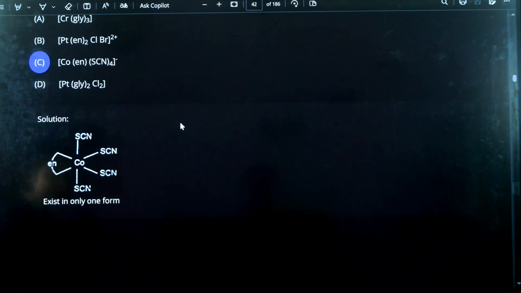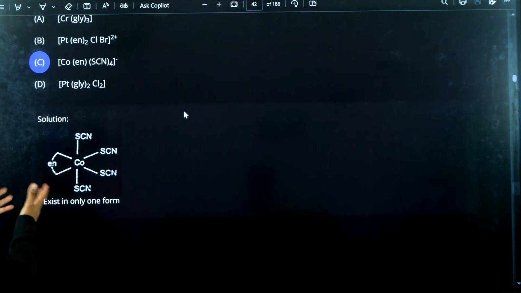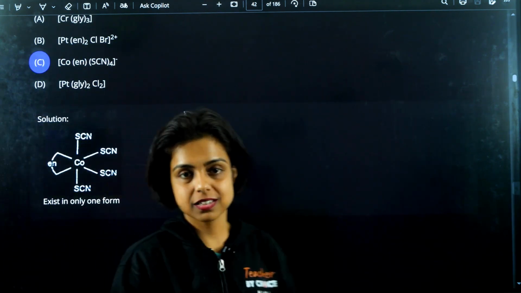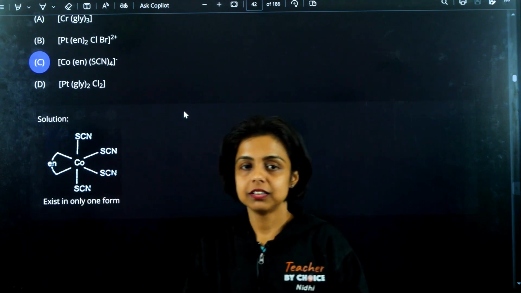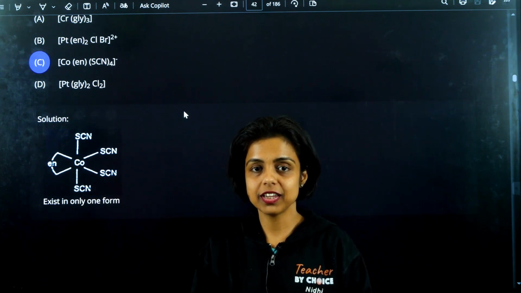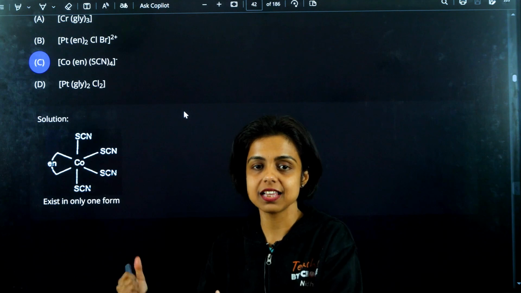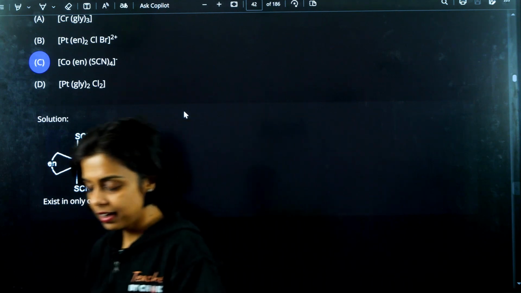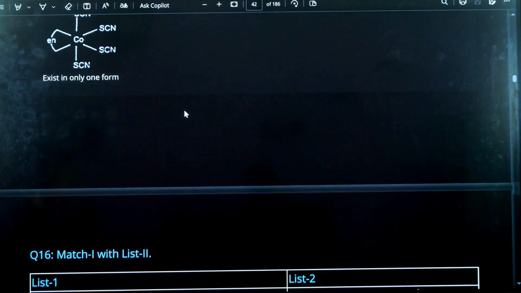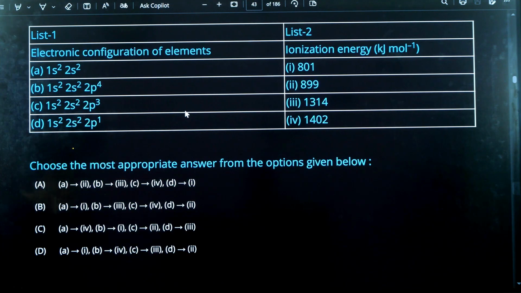So for the complex C, you can see there is no other arrangement where we can call it cis or trans. So this is the answer, pretty easy, C, right? The only possible arrangement.